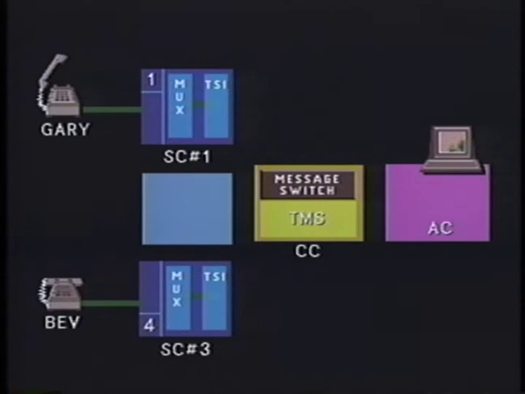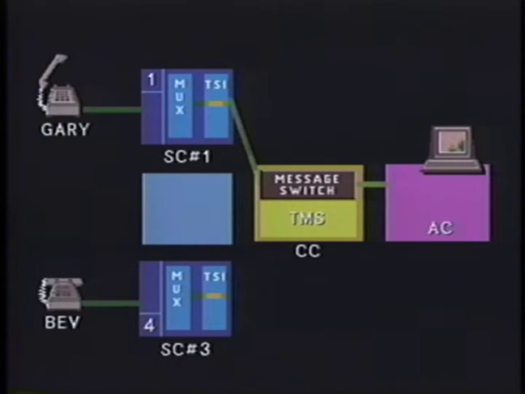In order to transmit the signal from Gary's TSI to Bev's TSI, the administrative component must identify a block position that is idle on both the channel from Gary's TSI to the TMS and the channel from the TMS to Bev's TSI. In this case, position 3 is idle on both channels.